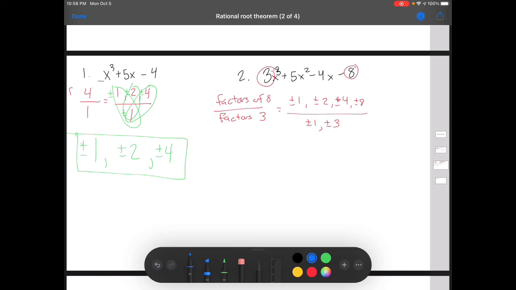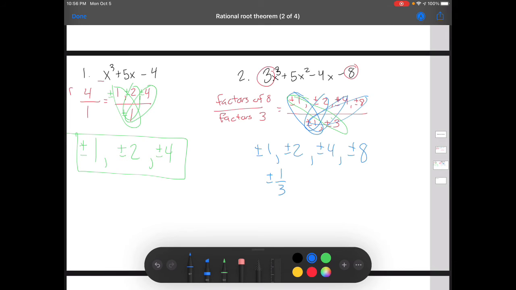So now this time we have 2 numbers on the bottom. So first what you do is you do all of them over 1. So 1 over 1 is 1. 2 over 1, 4 over 1, 8 over 1. Then you go back and do all of them over 3.